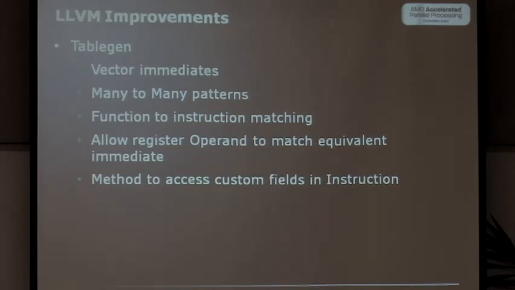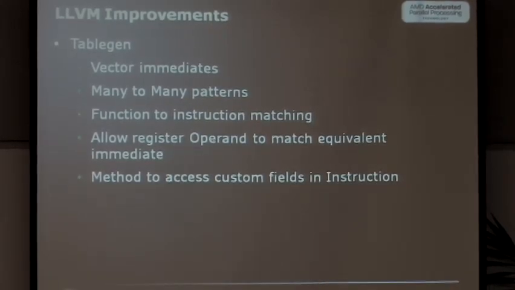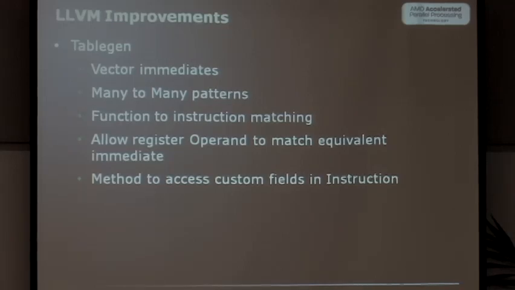So what I do currently is match all immediates to load into a register first, and then all my patterns are just register to register. There's no immediate pattern matching. But I would like TableGen to generate code so that if you have an I32 immediate and a register class that handles I32s, it treats them as equivalent. On our architecture, this is perfectly fine, so I think this would be very useful.